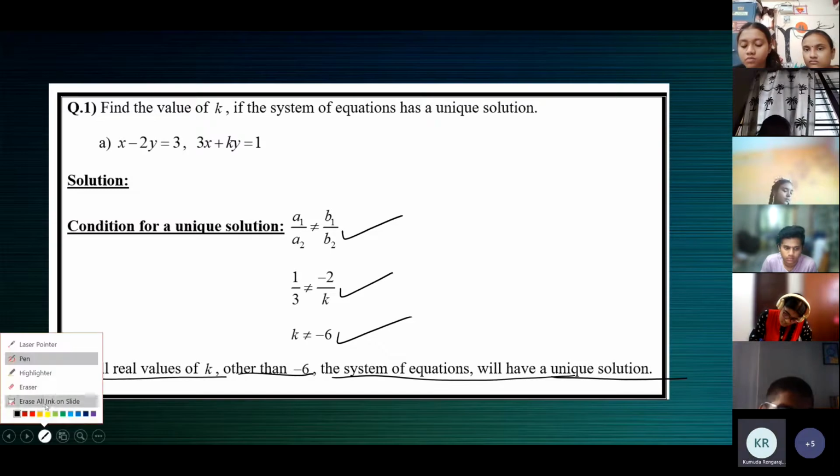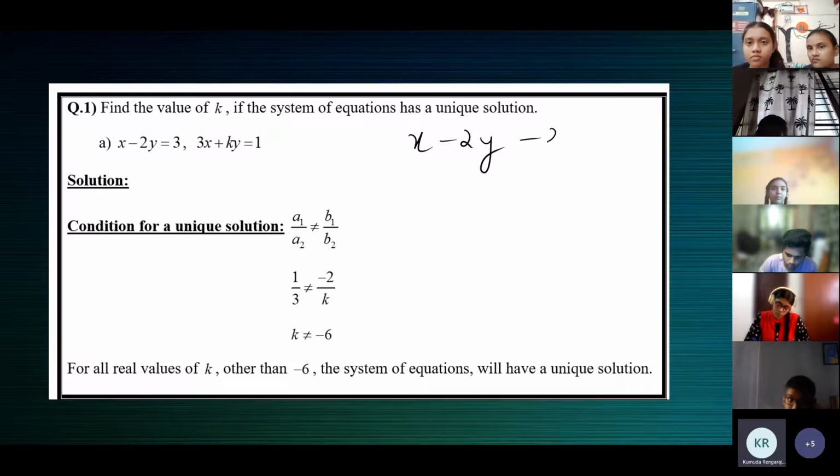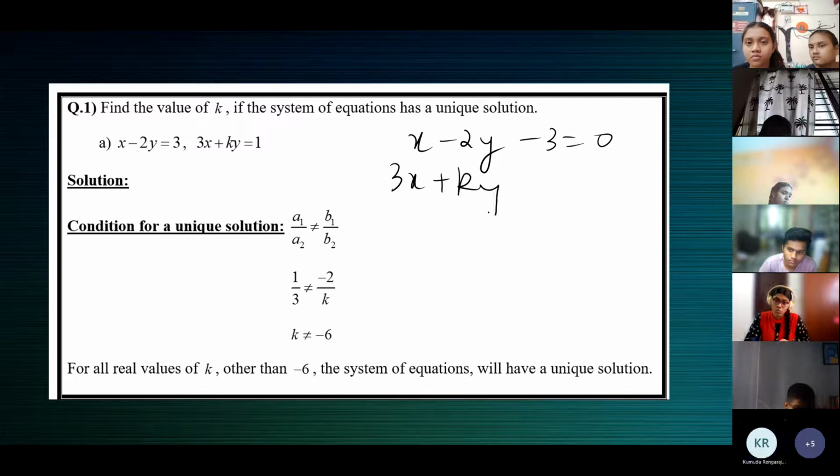Is it understood, children? Yes, ma'am. And I have not written the values of a1, a2, b1, b2. You know them: x minus 2y minus 3 is equal to 0, 3x plus ky minus 1 is equal to 0.